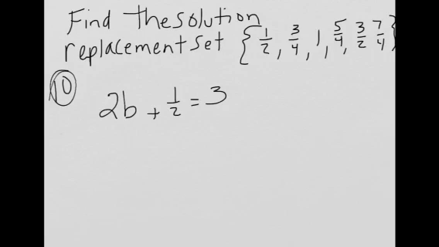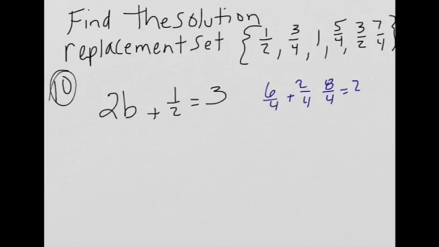Find the solution. So 2 times a half would give me 1. 1 plus a half does not give me 3. 2 times 3/4 is going to give us 6/4 plus, so 6/4 plus 2/4 would give us 8/4, and that's going to give us 2, not 3.